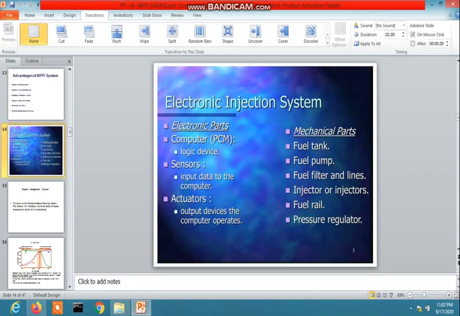And third is the actuator, that is the output device which is controlled by the computer, that means controlled by the ECM. After receiving the sensor input, some work is done, that is called the actuator. Then another part is the mechanical part, that is the fuel tank, fuel pump, fuel filter, lines, injectors, fuel rail, and pressure regulator.